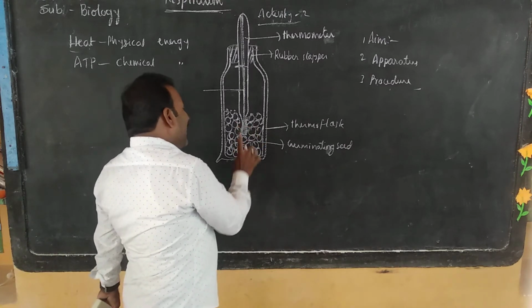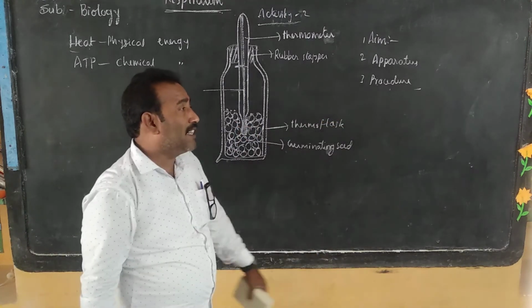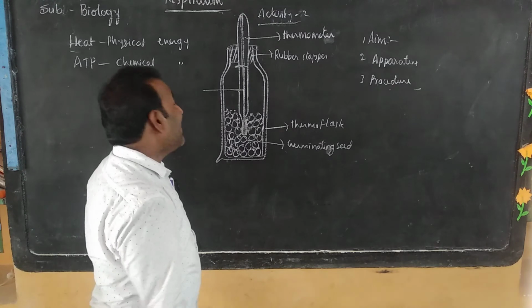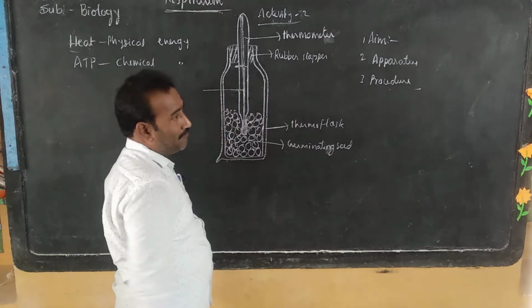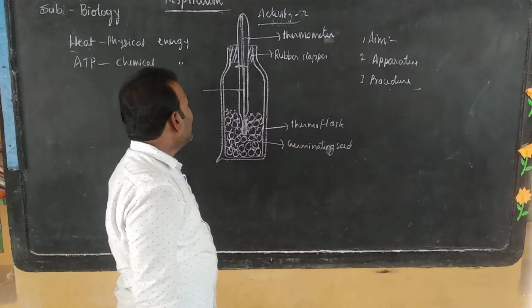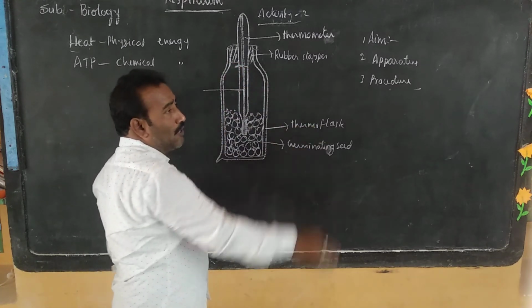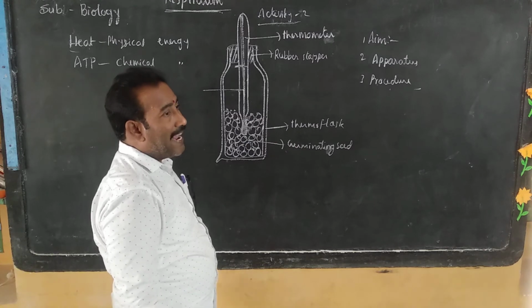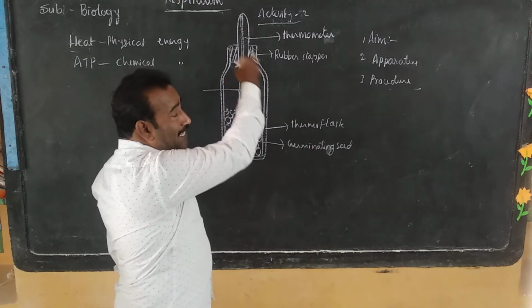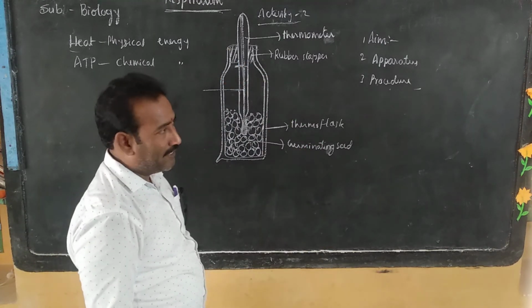Then place this apparatus on the table without disturbance and note the initial temperature. And we should note the temperature every 2 hours and record all these temperatures for 24 hours.